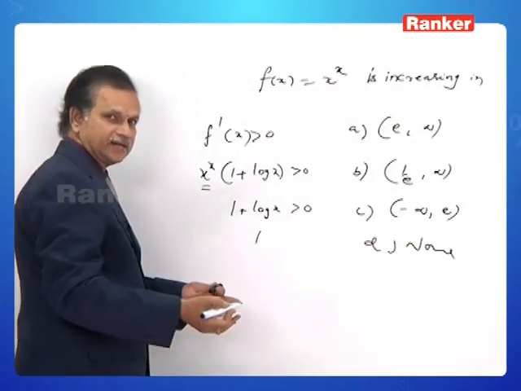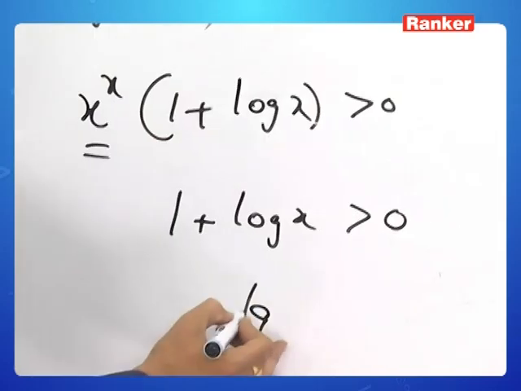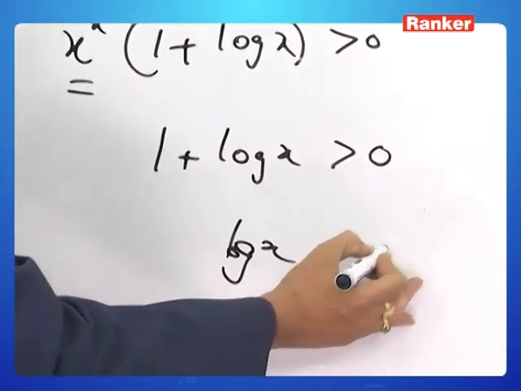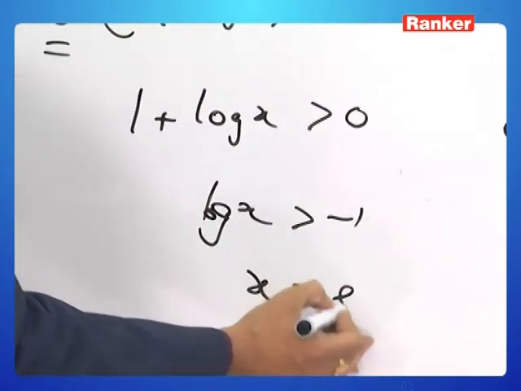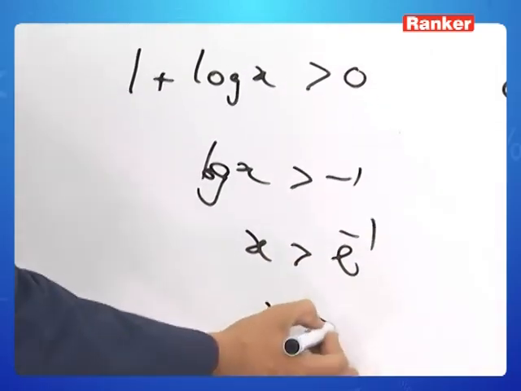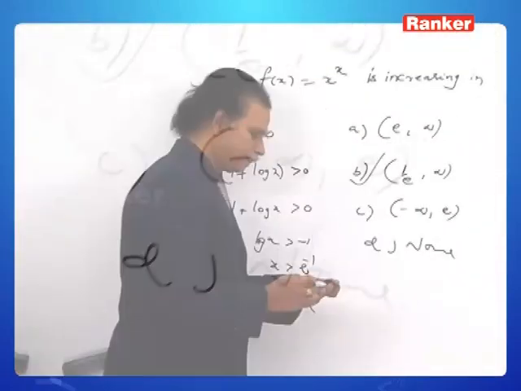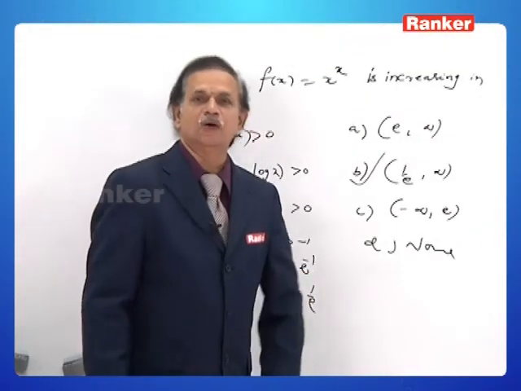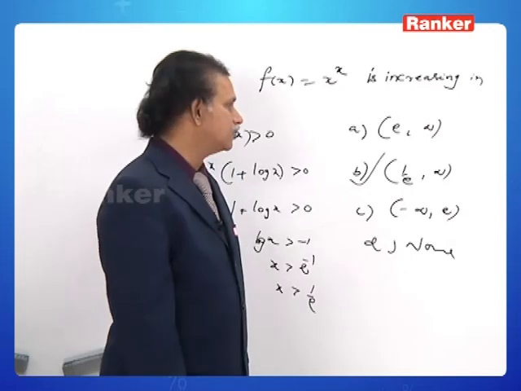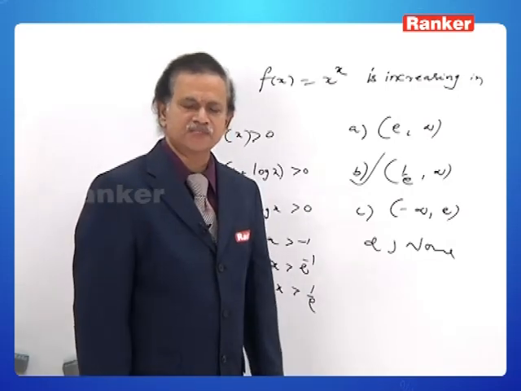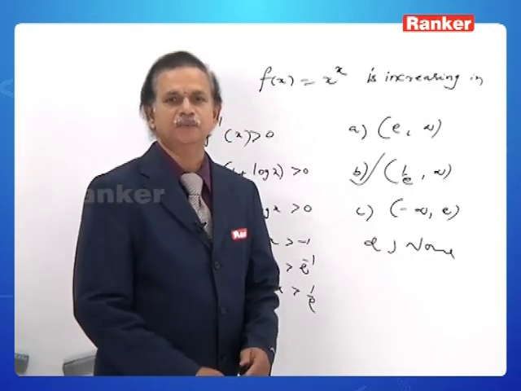or log x must be greater than minus 1. That is, x must be greater than e power minus 1. That is, x is greater than 1 by e. What is the right option to be pointed here? This is the open interval 1 by e to infinity. Like that we proceed.